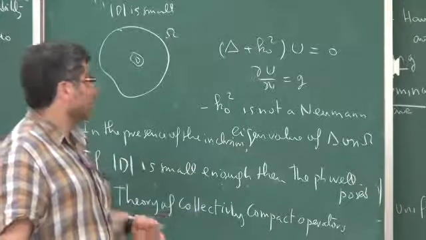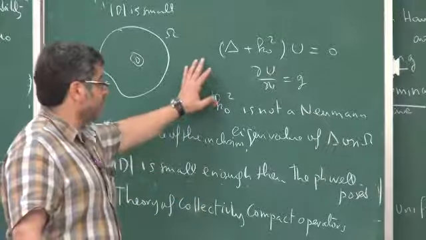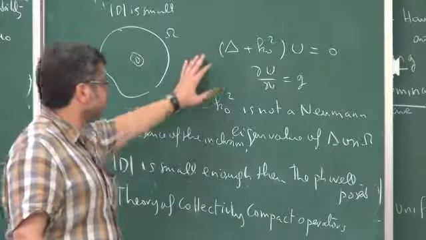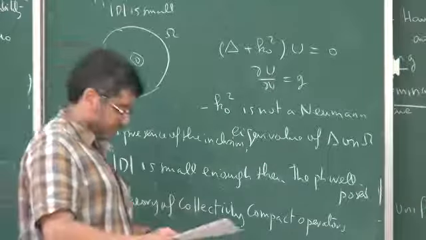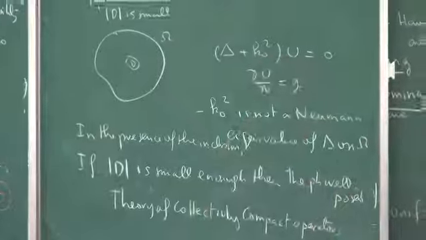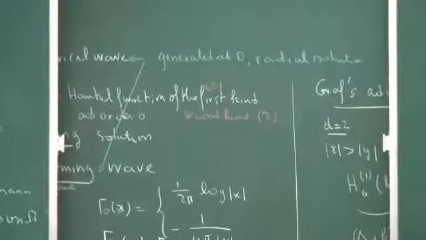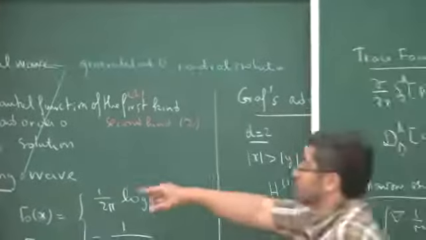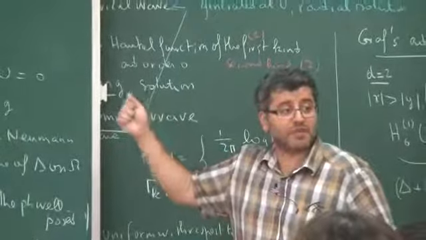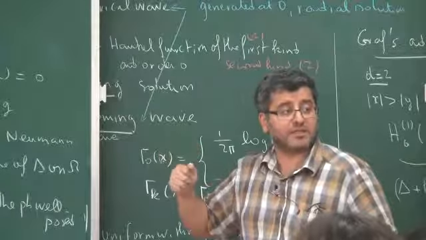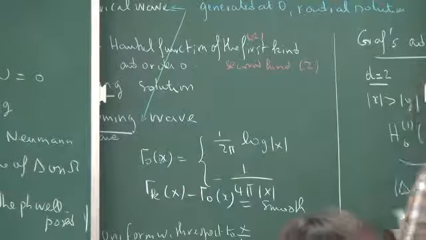Then it is enough, for the size small enough, to assume that minus k square is not a Neumann eigenvalue of the Laplacian on omega. Now when we have this, we have the same representation as what I wrote here. We wrote that U is equal to H plus single layer potential on the inclusion. It's the same.